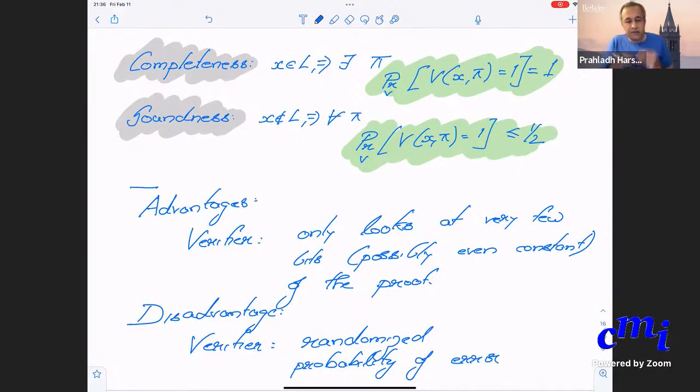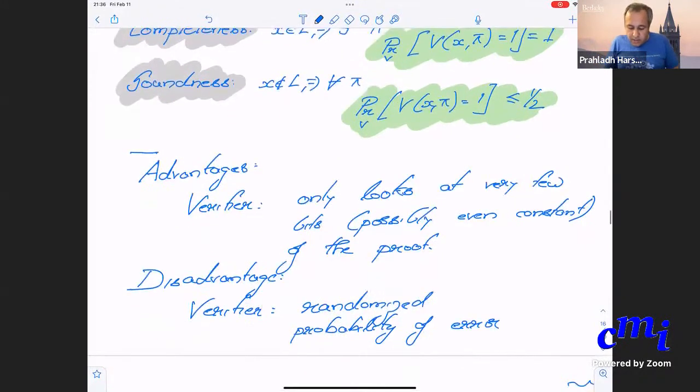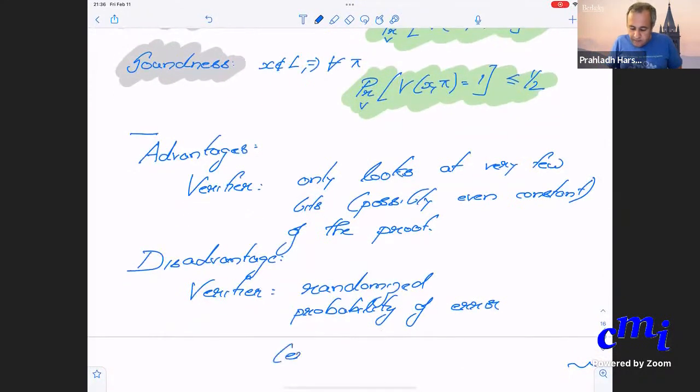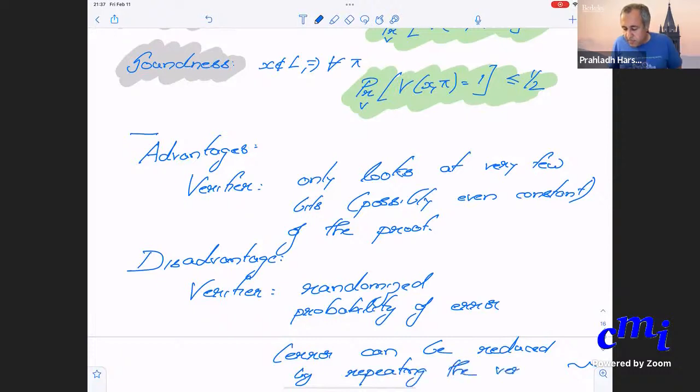This error is a half, but it can be reduced by just repeating the verifier several times.